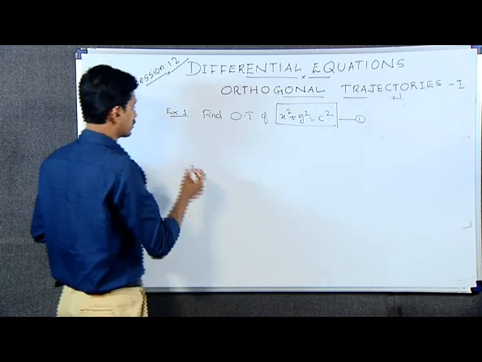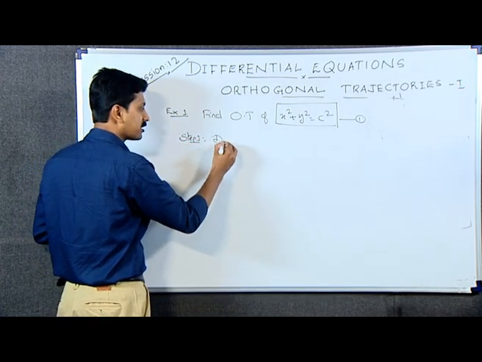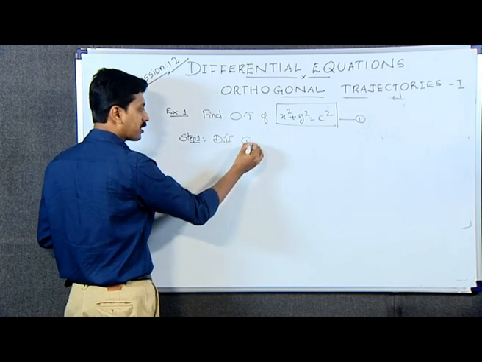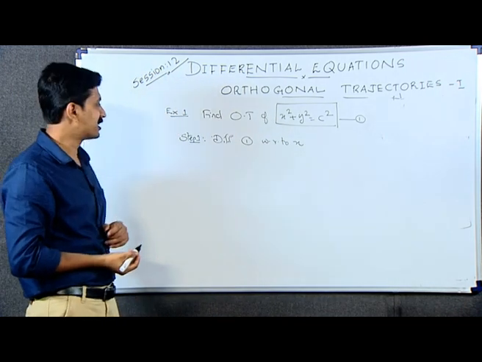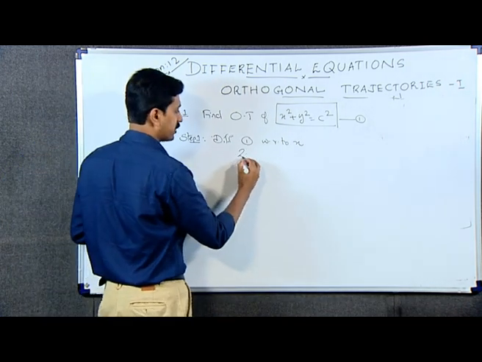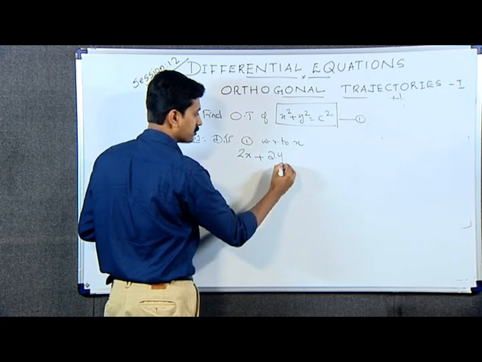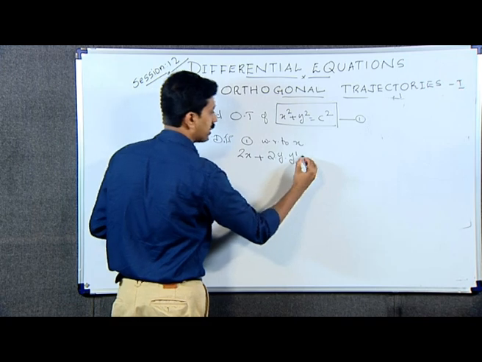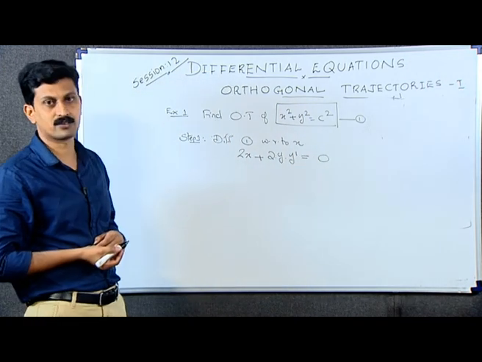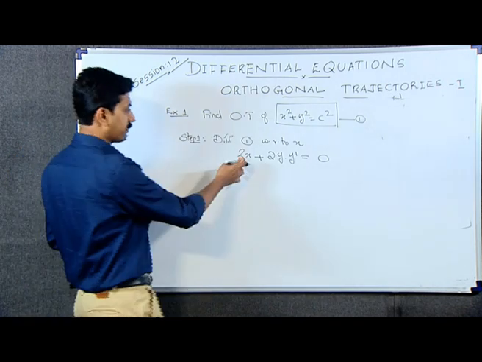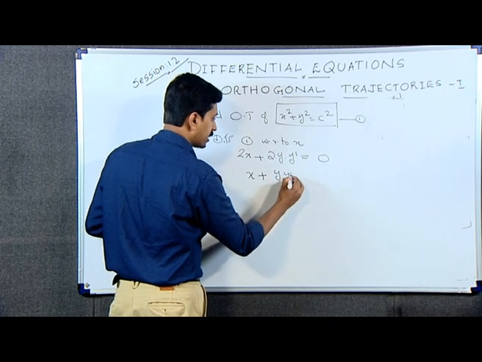In step 1, we differentiate 1 with respect to x. Here we will have 2x, and the derivative of y square is 2y into y dash, and we are treating c square as a constant, therefore that is equal to 0. 2 is common, therefore x plus y y dash is equal to 0.